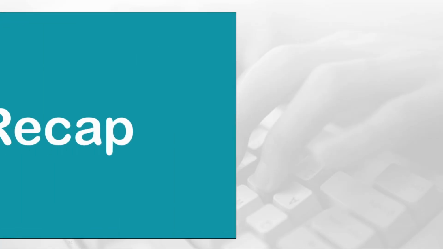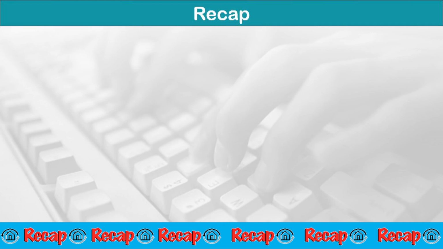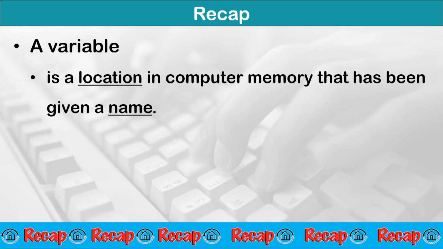Before we end this lesson, let us go through the main points of what we learned over again. Here comes the recap. We learned that a variable is a location in computer memory that has been given a name.